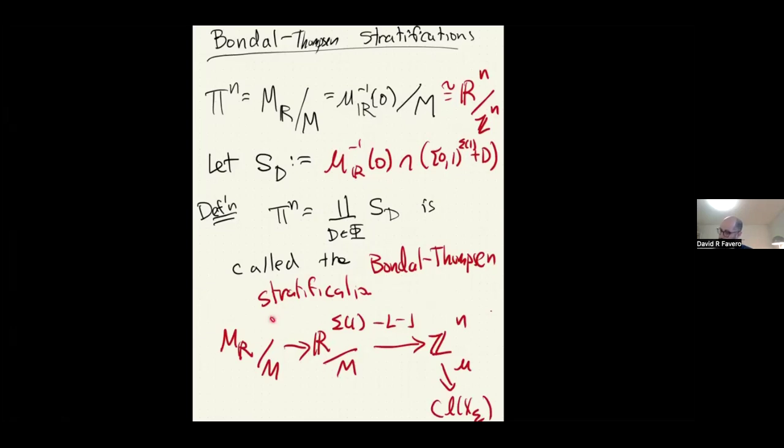So I'm stratifying this torus using this sequence of maps. And this is just the cube stratification at this level. So associated to some toric variety, there's always a stratification of a torus.